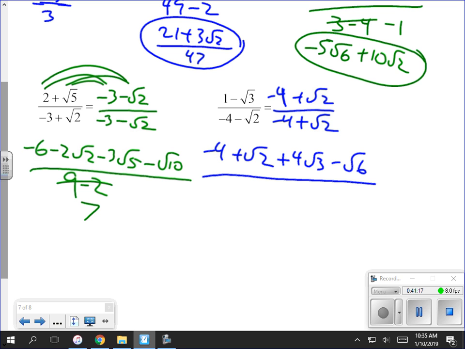My denominator, square the first term, which is 16, minus square the second term, which is 2. I can't do anything except simplify the denominator. None of those in the numerator are like terms. Can't combine them up. This becomes 14 in my denominator. In my numerator, I can't reduce. I'm done. Questions? Okay.